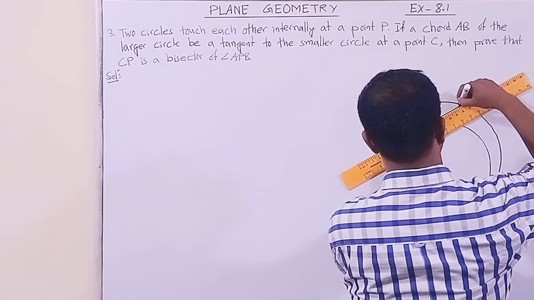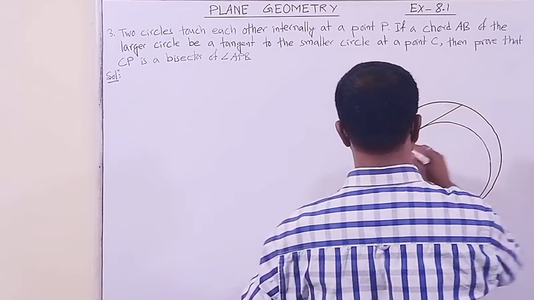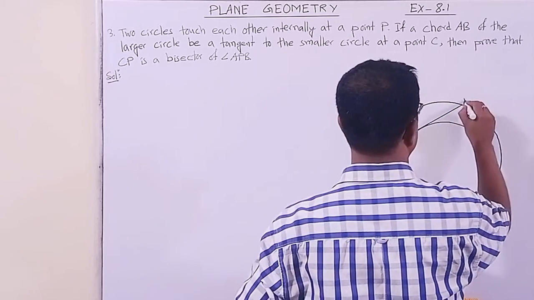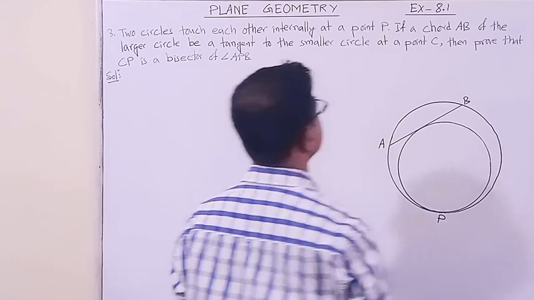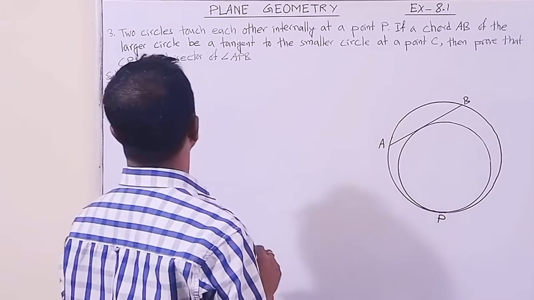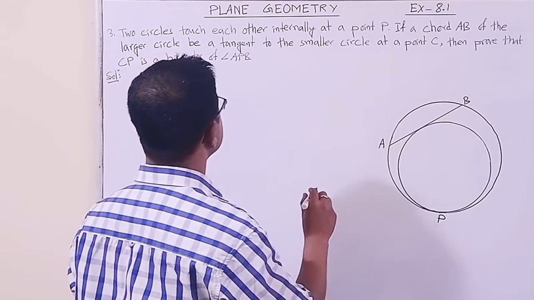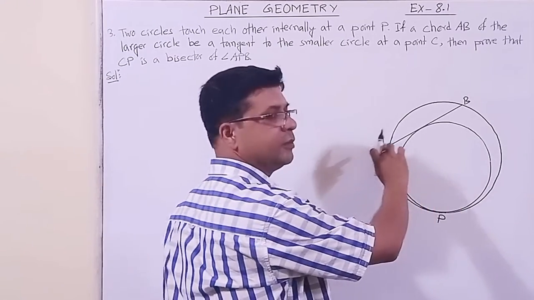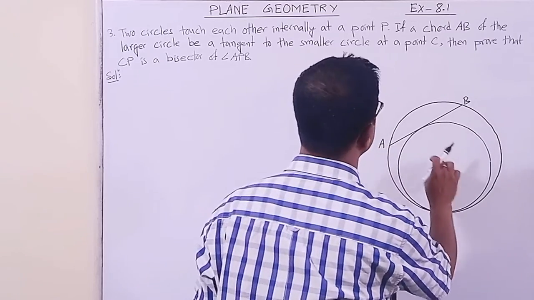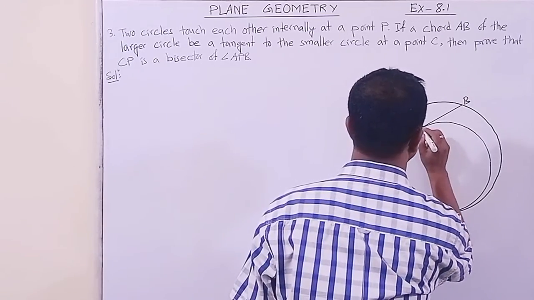Let us draw chord AB. Let's write A nicely. If a chord AB of the larger circle be a tangent to the smaller circle, you can see that we have drawn it in such a way that it is a tangent for the smaller circle at point C.